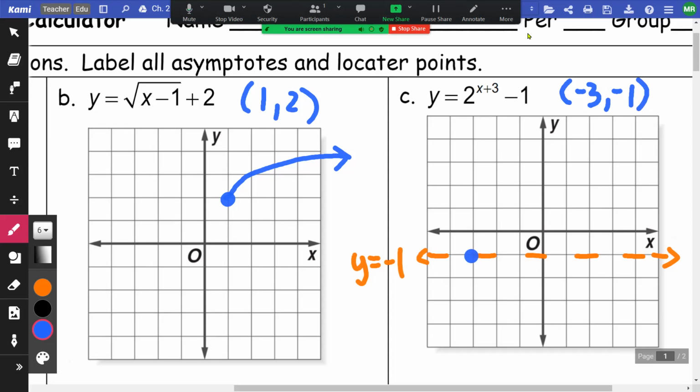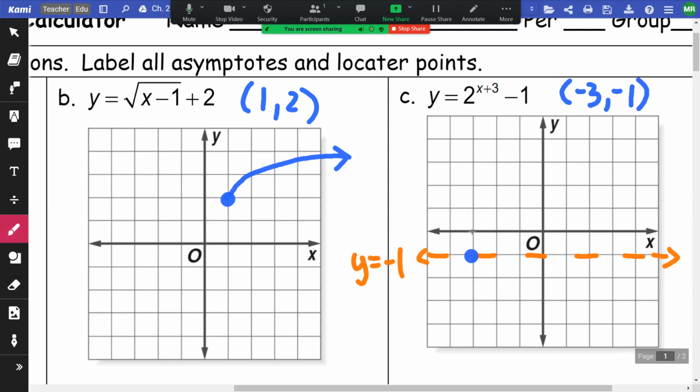So from there, let me actually get a different color for this. So from there, what I'm going to do is I am going to come to this point, -3, -1. And then that's where I do my 1 above. That's what you have for the normal y-intercept for an exponential.